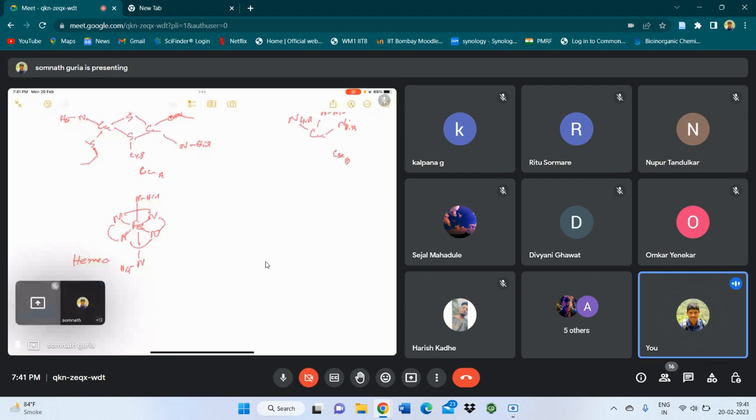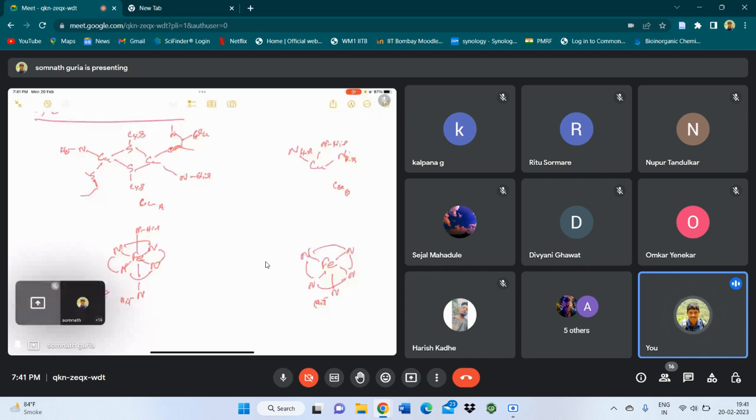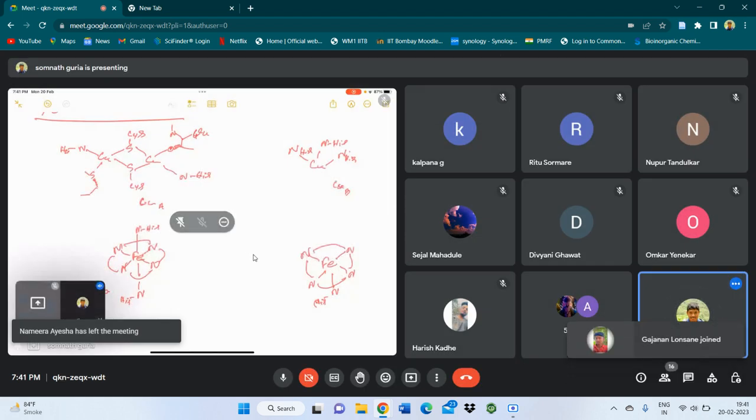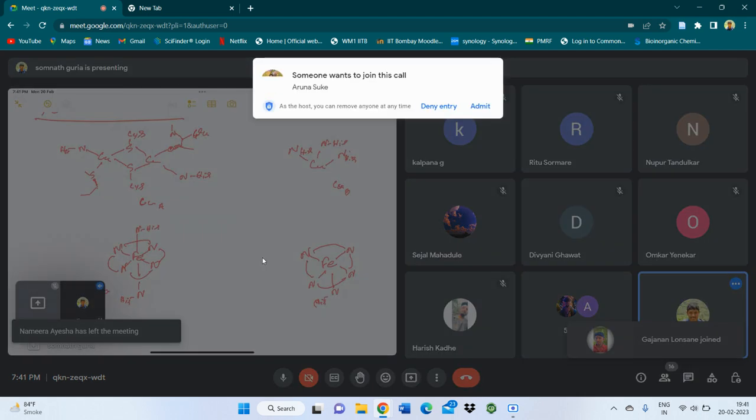Here in the heme A and copper A system, both the coppers are saturated, and in subunit B, the copper center is vacated by a coordination site, and the iron center is also vacated with a coordination site.